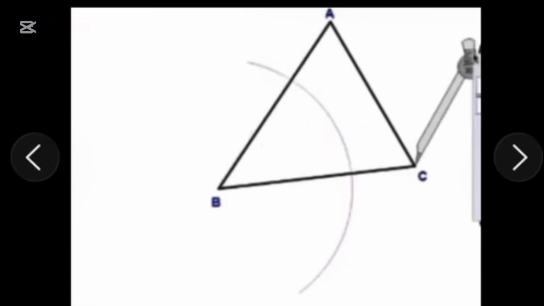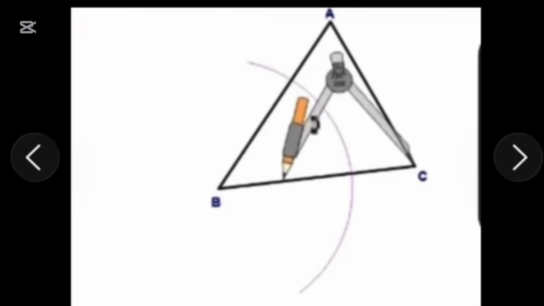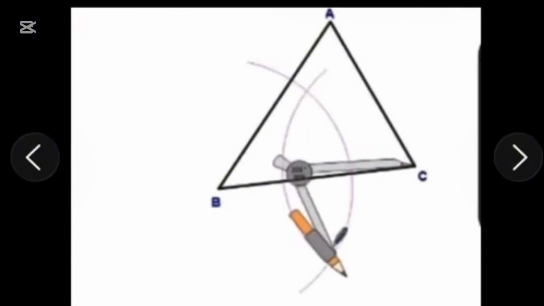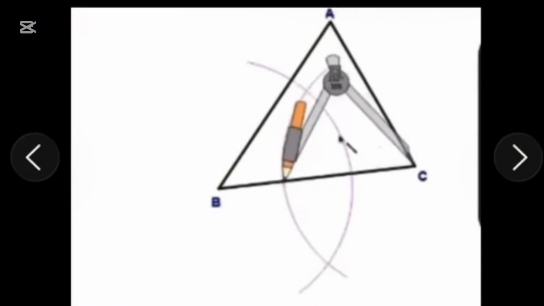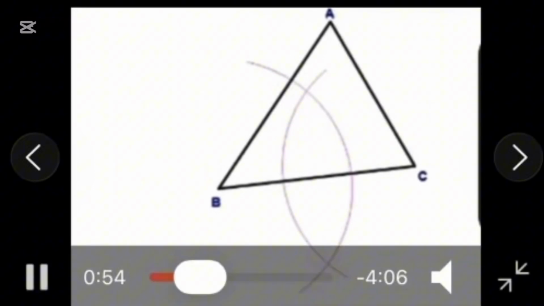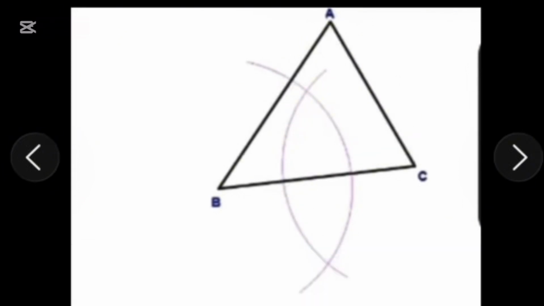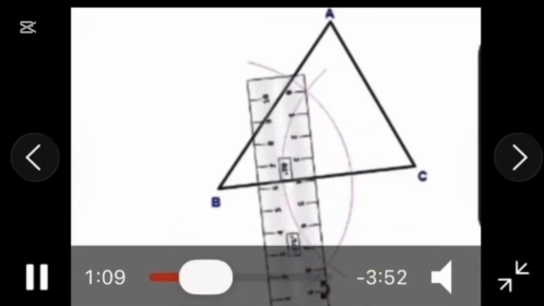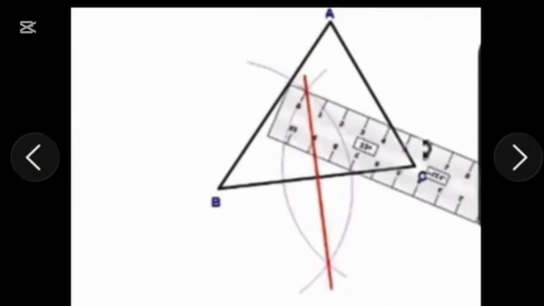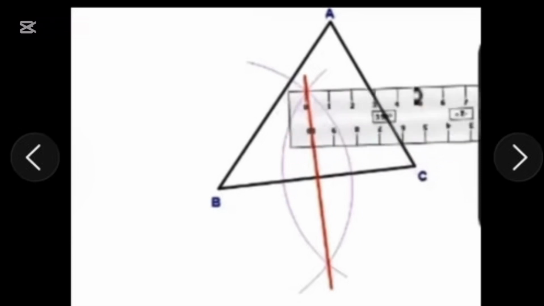Now I move the compass, keeping the same opening, to vertex C. I draw the second arc like this. As you can see, the two arcs meet or intersect at 2 points. Now using the ruler, I draw a line passing through the 2 points of intersection. And this line is the perpendicular bisector of BC.